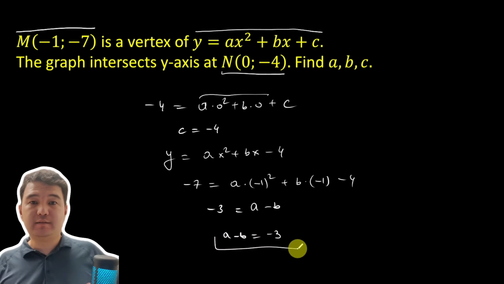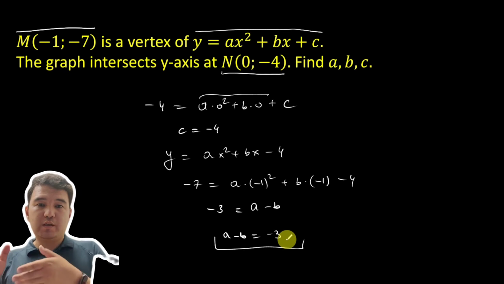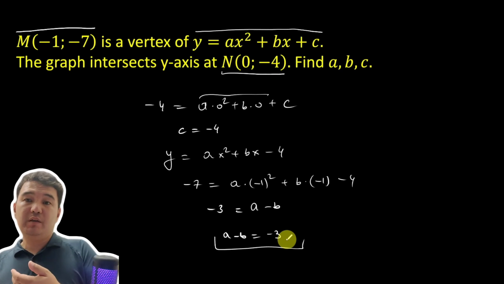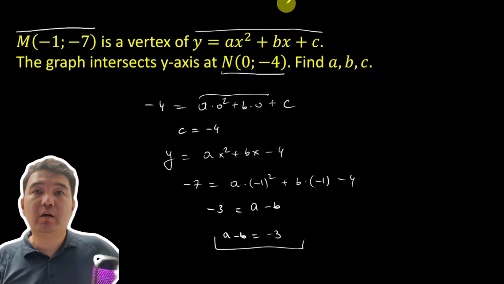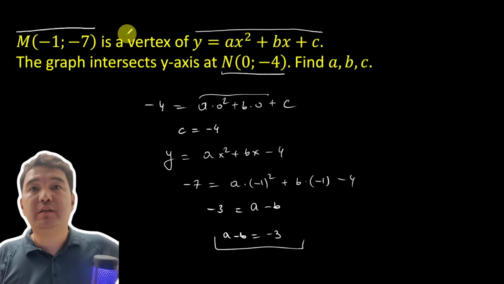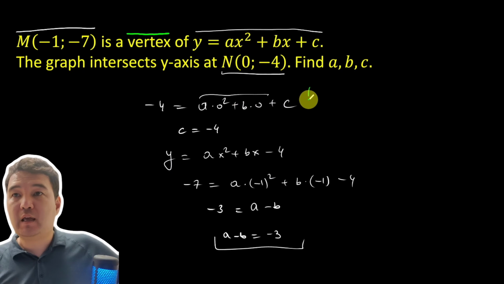But this does not give the exact values of a and b. We just know that the difference of a and b is negative 3. To find exact values of a and b, we are going to use the fact that M is a vertex. Which means x vertex was x1 plus x2 over 2, right?